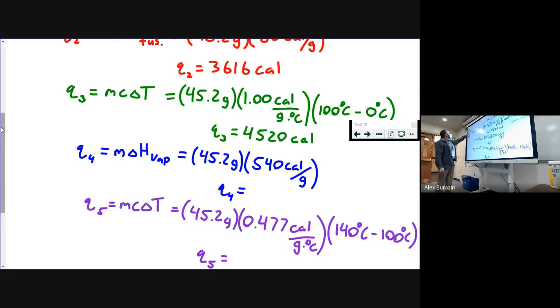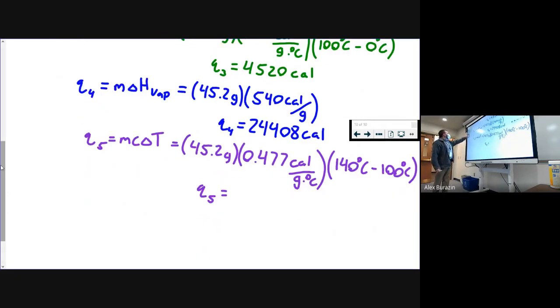Q4? 24,408. And last but not least, Q5. Anyone have a mistake or a dispute in any of those? Take that as a no.